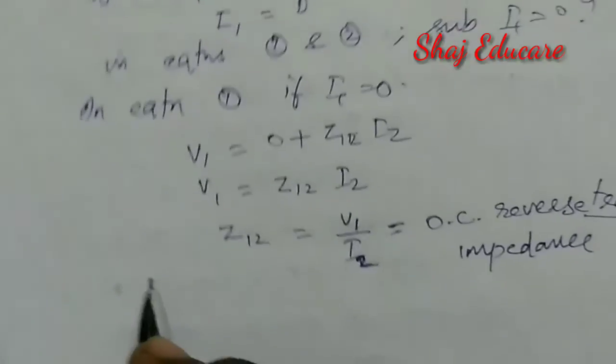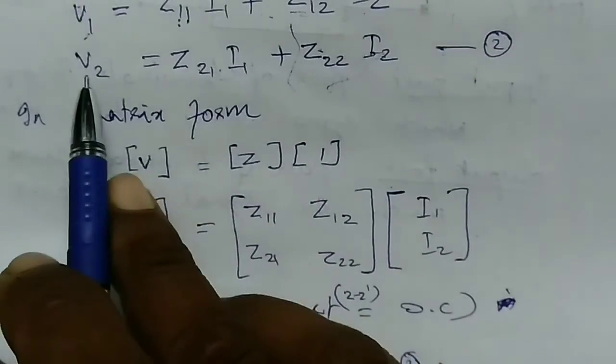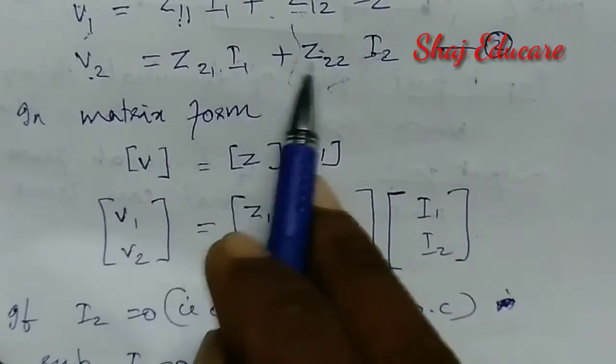Now in equation 2, if we substitute I1 equal to 0, the remaining terms will be V2 equal to 0 plus Z22 I2. Now let us do that.